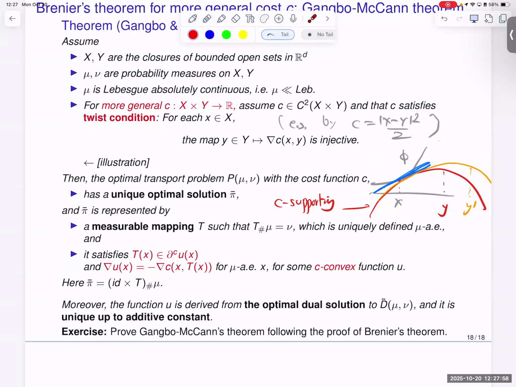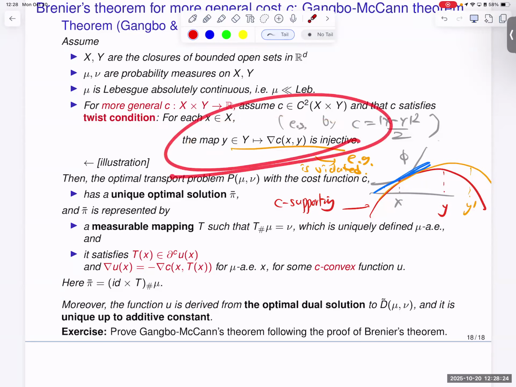At least to have this nice theorem. So this is an example where this condition is violated. Given the slope, you have only one y. That's what this condition means. If for the same slope you have different supporting functions with different y's, then this condition is violated.